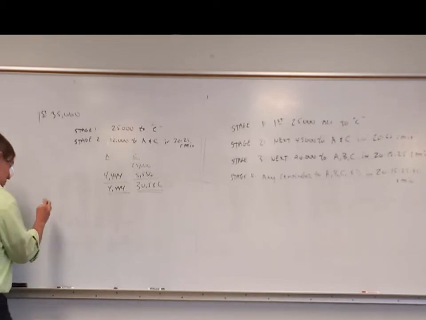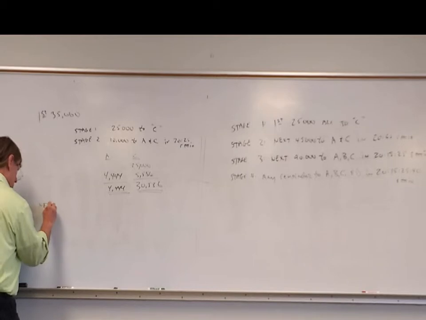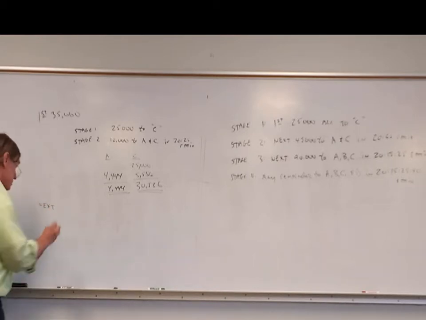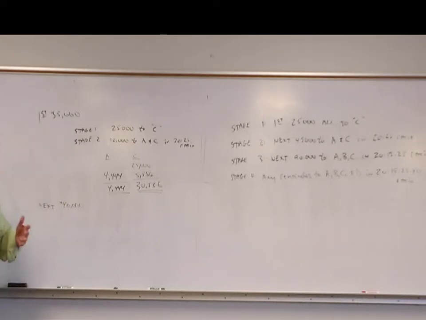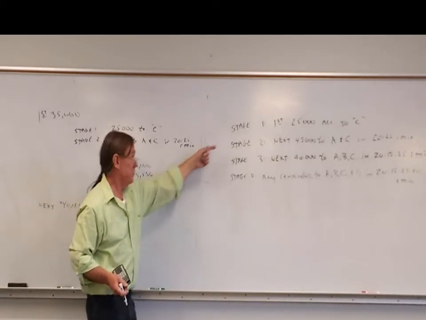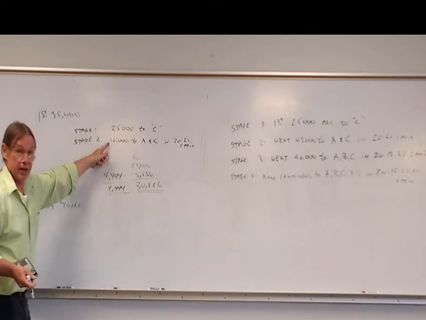Let's say we get another, we get $40,000. Again, we ask ourselves, where are we in that schedule of stages? Stage 2 had $45,000 in stage 2. We've already used up $10,000 of that.